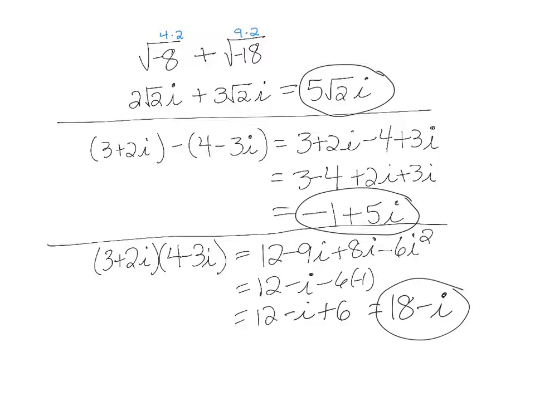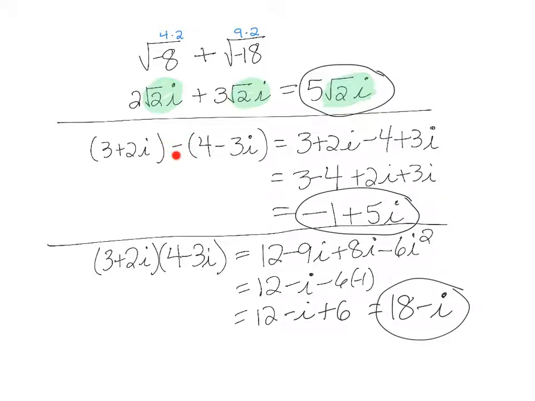But we also have to do that with radicals and i's. And you see that this guy right here, I'm going to put a little highlighter there, this guy right here is the same as this guy right here. That makes them like terms. All you're doing is adding 2 of these things plus 3 of these things, and you get 5 of these things. Make sense?